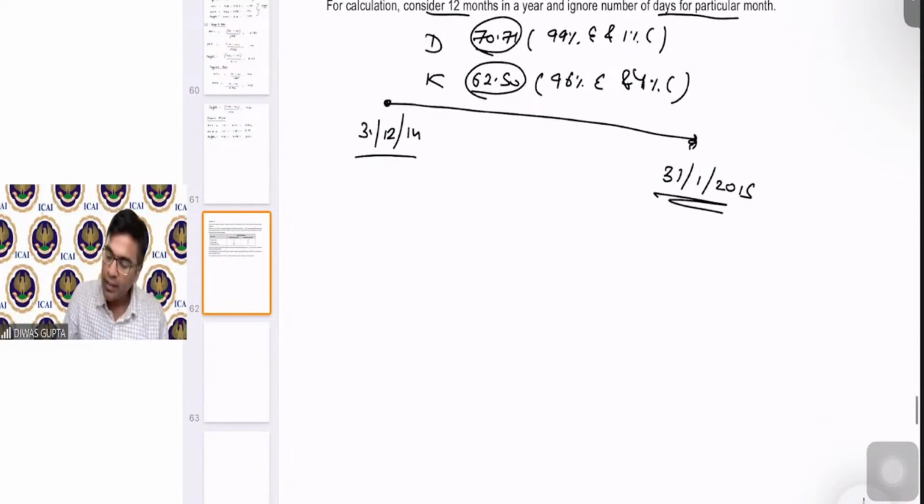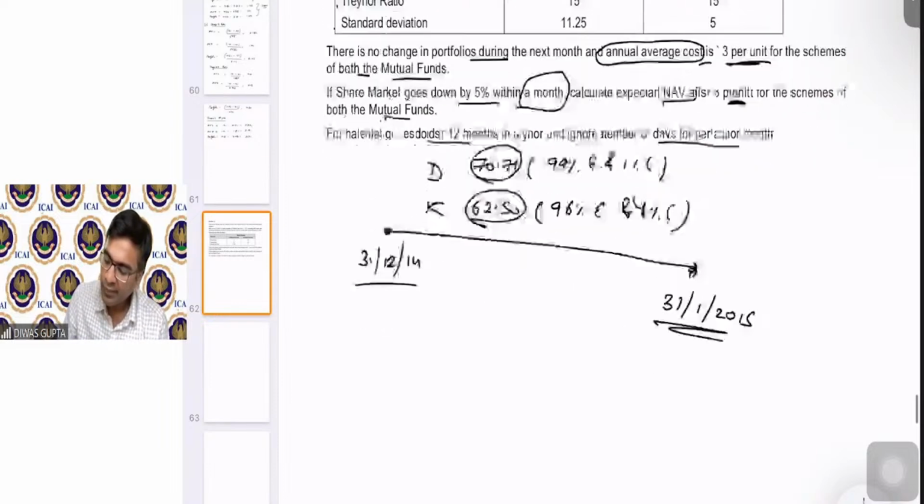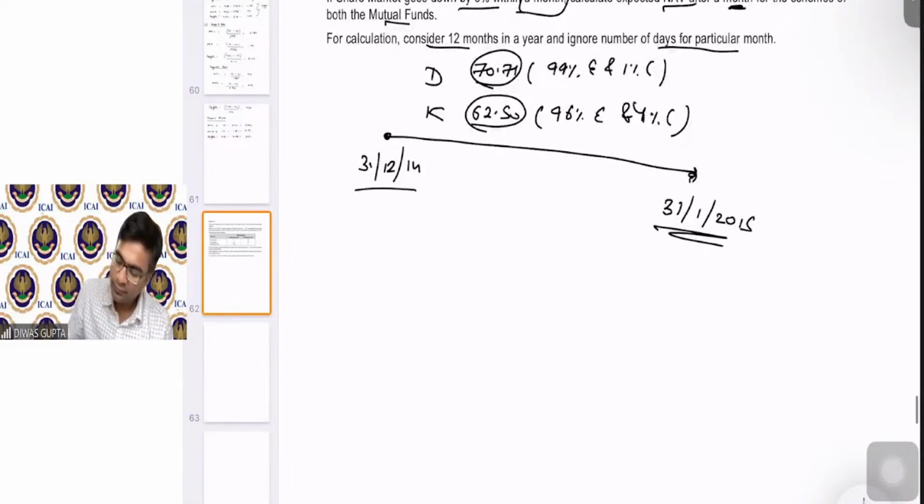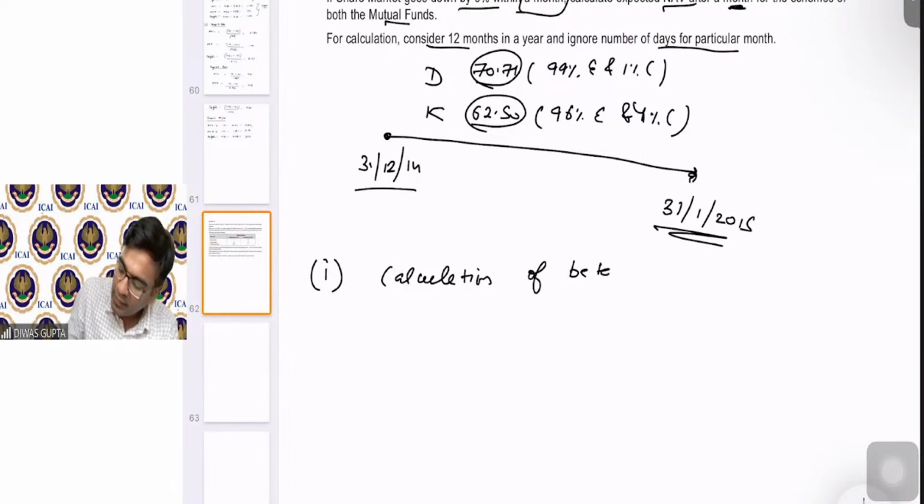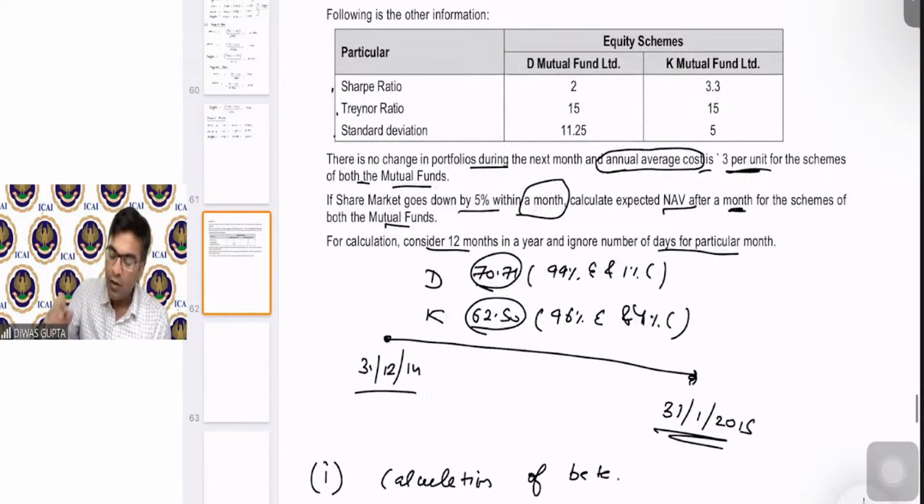So let's calculate the beta. Calculation of beta. Because till the time we don't have beta, we will not be able to see the impact of a 5% increase or decrease on the mutual fund, right?